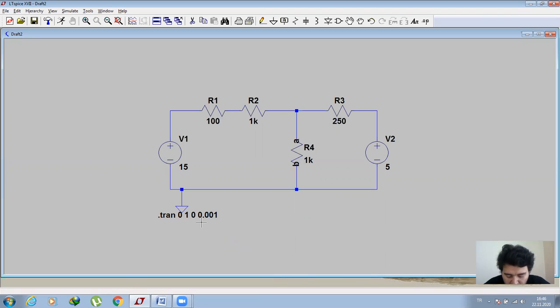The first one is Thevenin voltage. The second one is Thevenin current between A and B, and I also added a 1 k ohm resistance here, and I measured using transient analysis the voltage and current on this resistor.